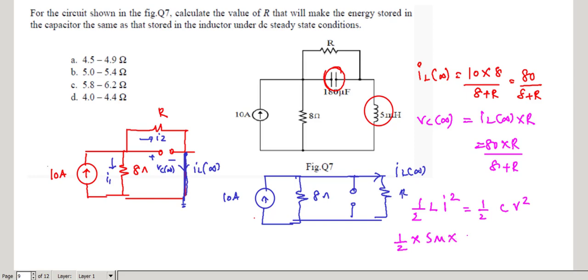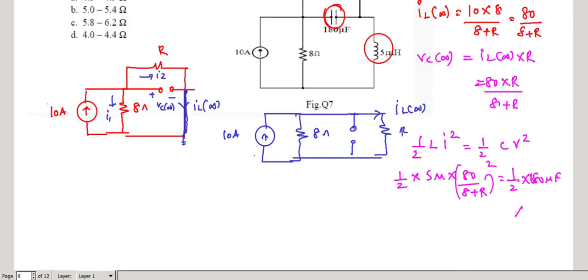IL of infinity is 80 by 8 plus R, whole square. Half, what is C here? 180 microfarads, into V, which I found is 80 into R, whole square divided by 8 plus R, whole square.